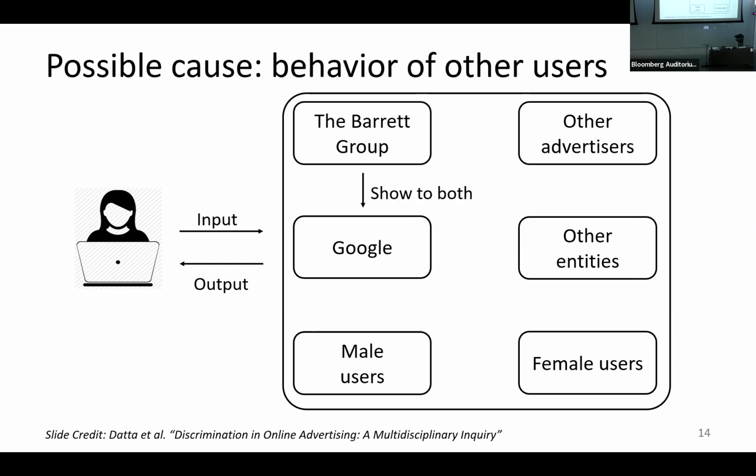So maybe the other thing that happened was the advertiser didn't express a preference. The advertiser was, I want men and women to have the same shot at seeing it, I'm not limiting to one or the other. But then Google started showing the ad, and it just found that men happened to click through to the ad more than women did, right?